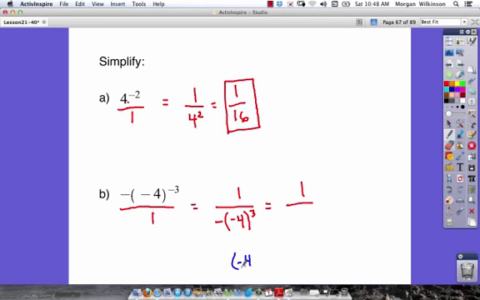So we have negative 64 as this part of our answer. Don't forget to bring along the other negative. So we've got a double negative over 64. Double negative is going to give us a positive. So we have 1 over 64. 1/64, that's our final way to simplify our original problem in B.